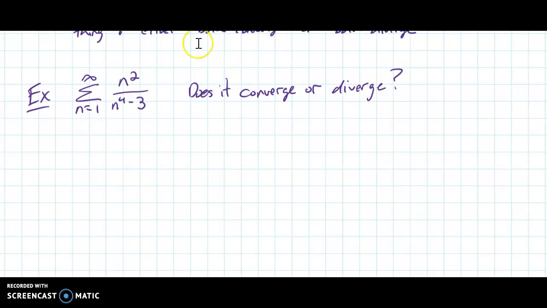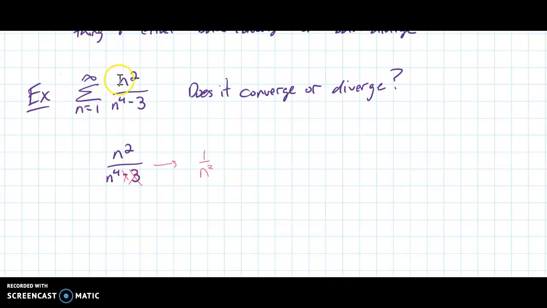What I want you to notice is that I can look at the most significant piece in the top and the most significant piece in the bottom, and then get rid of everything else. So we're going to get rid of the minus 3, right? So really this is like n squared over n to the fourth, and I can simplify that and say that's really like 1 over n squared.